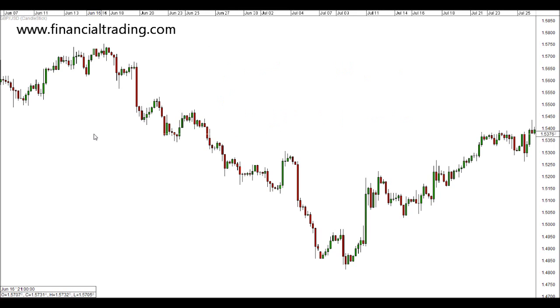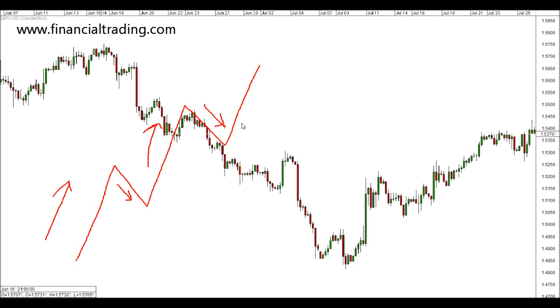Elliott wave theory is based on swings that price creates, swings being pushes on trends, and it's also based on these pullbacks, and I'll explain more about this as this video goes on.